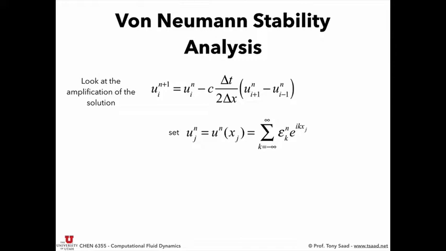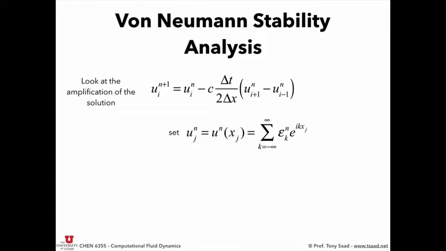Okay? So essentially, you can write any signal. So this is u_j^n, and I changed the index here to j because I need i to represent the imaginary unit. Okay? So at a grid point j, u_j^n, that's u at x_j at time n, is represented by this discrete Fourier series going from minus infinity to plus infinity.